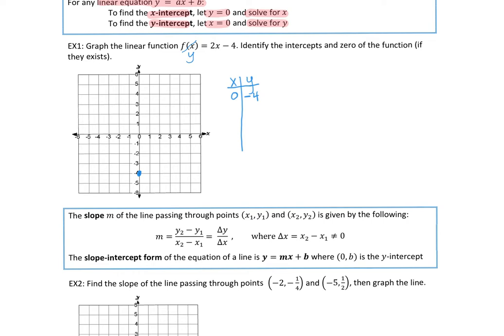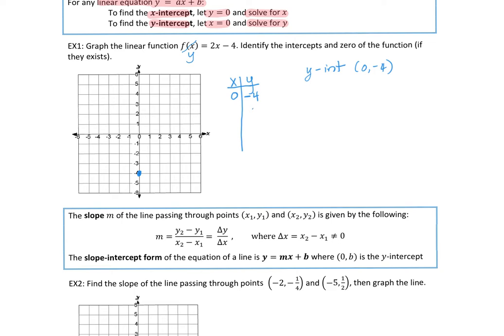Again, because it's intercepting the y-axis. So my y-intercept, and I'm just going to abbreviate that int, is going to be the point. It's not the value negative 4, because it is a point. So you need to write it as an ordered pair 0 comma negative 4.